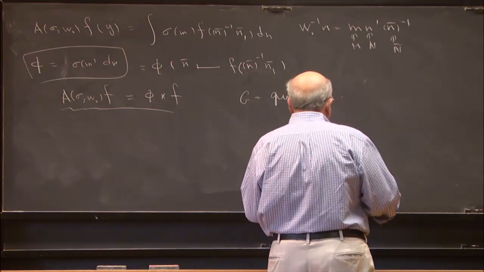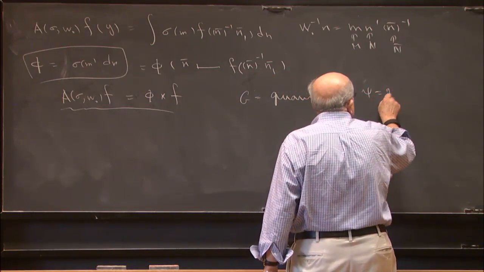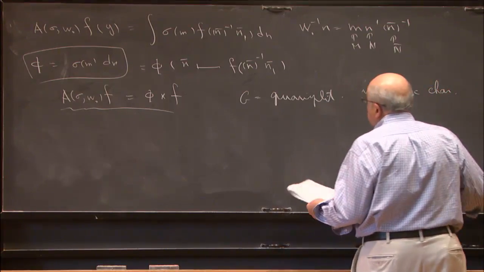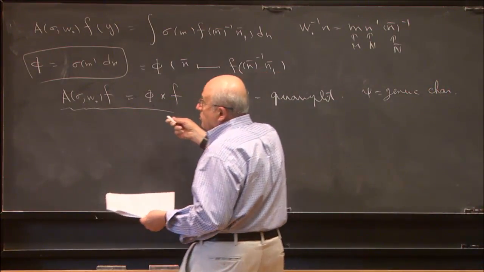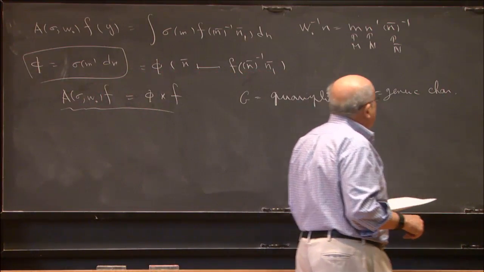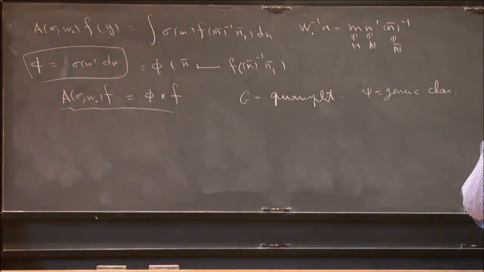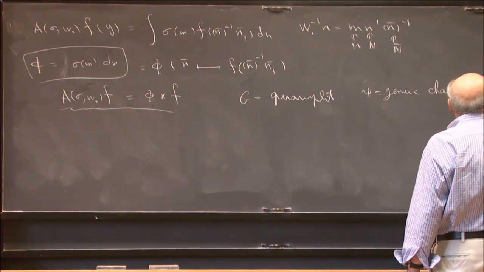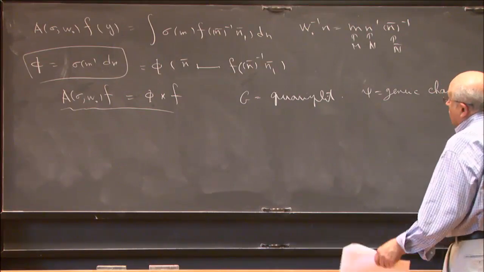And let me assume that I have an additive generic character. Now I no longer have to worry, since G is quasi-split and P naught is a Borel subgroup, and then the generic character of N naught of F, and then I can do the usual thing.